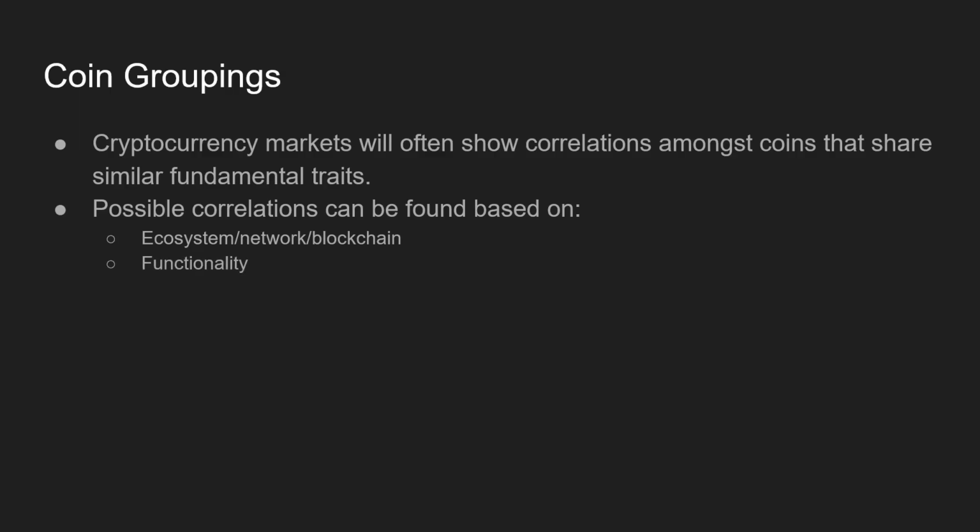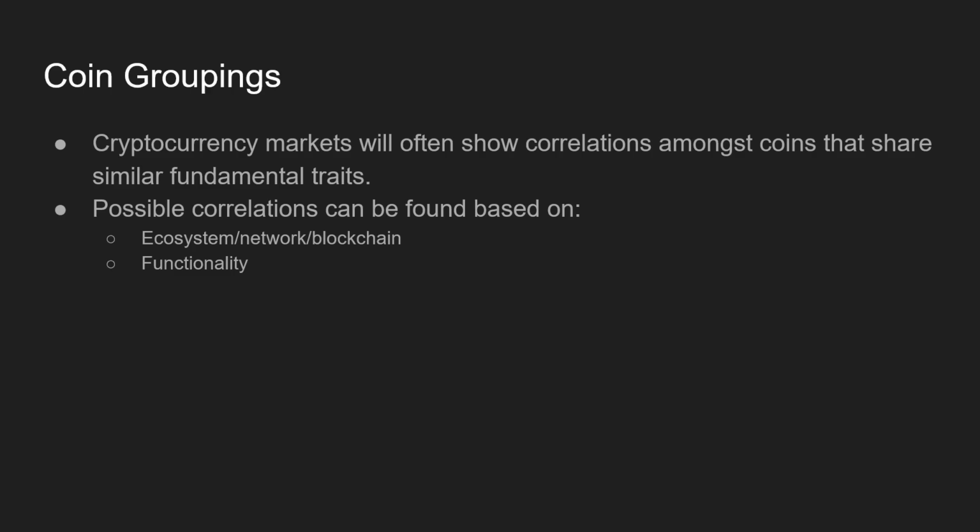We also see correlations found in regards to functionality. Think of what coins actually do. When there's an update or change possibly in lending protocols or how they operate, or maybe the lending protocols are trending upwards or trending downwards, maybe there's more use in DeFi, we might see lending protocols in general, such as Aave, Maker, Compound, correlate with one another.